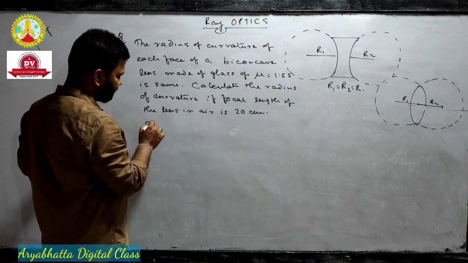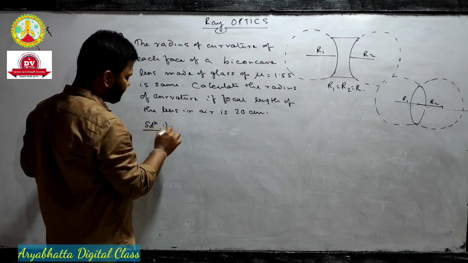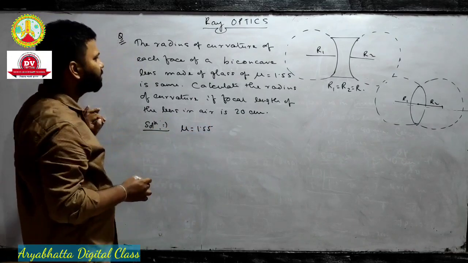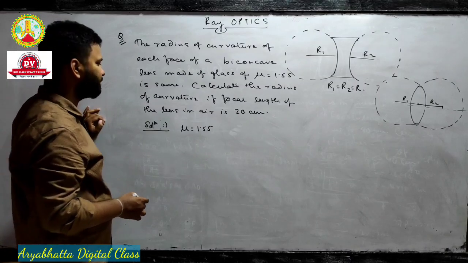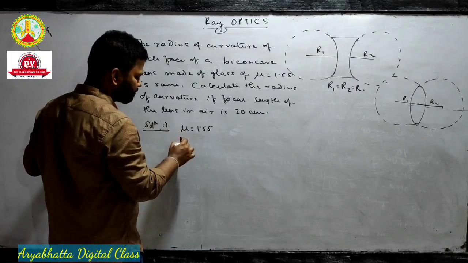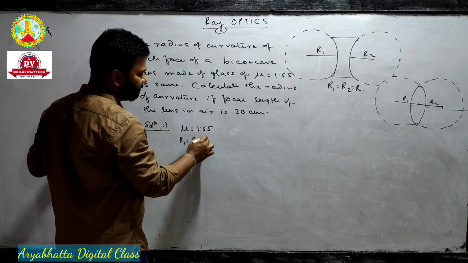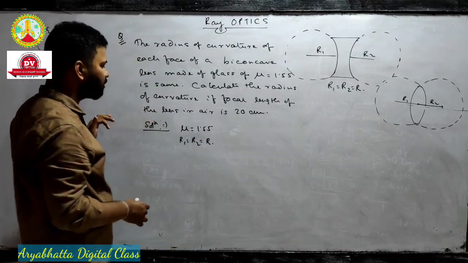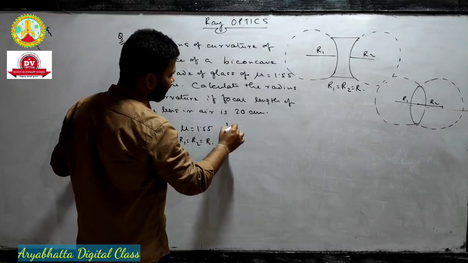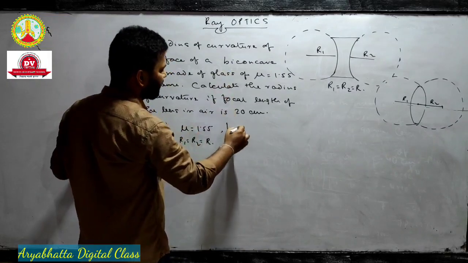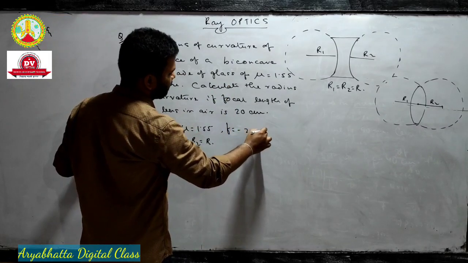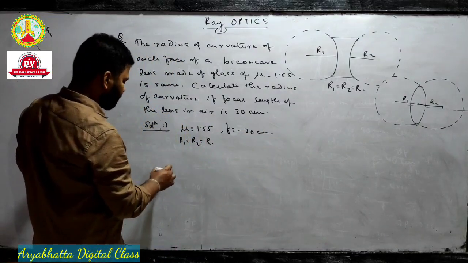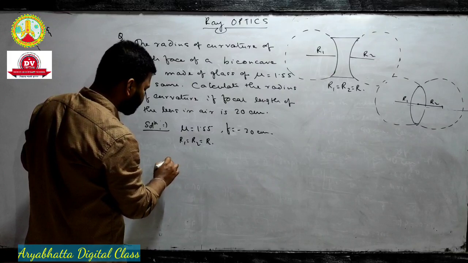So solution: refractive index is given as mu equal to 1.55. R1 is equal to R2 is equal to R. Focal length is also given. Focal length of a concave lens will be minus 20 centimeter. Done. So which formula we will use?